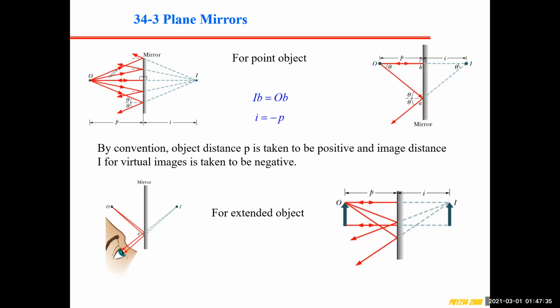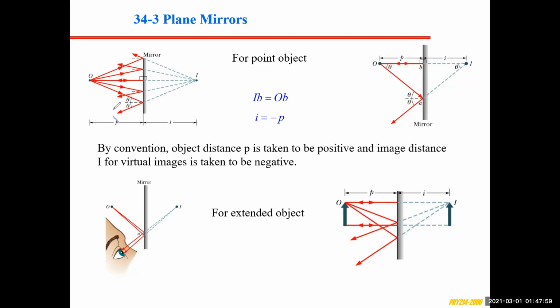You have light coming in at this angle, and the horizontal dashed line here indicates the normal. So we know the reflected ray has to be symmetrical about the normal. So you have the incident ray, reflected ray, then another one, incident, reflected, incident, reflected, incident, reflected.